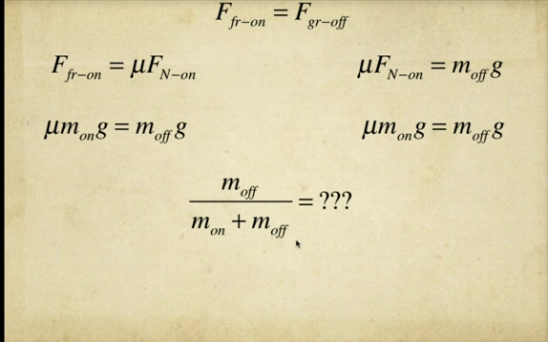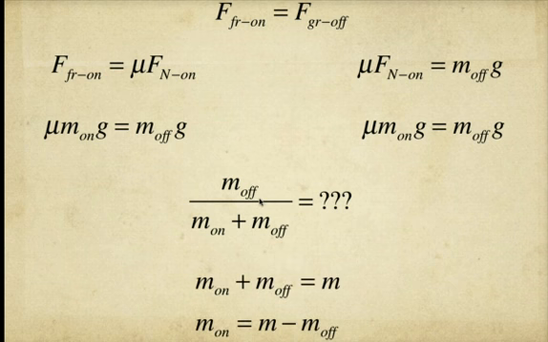So I'm going to replace this sum with just m, which is the mass of the whole cloth, and then I need to get rid of m on, so I'm going to replace it with total mass minus m off. So again, these two added together give you the mass of the whole thing. So m on is just total mass minus mass that is hanging off.